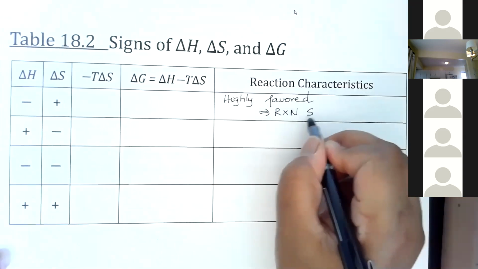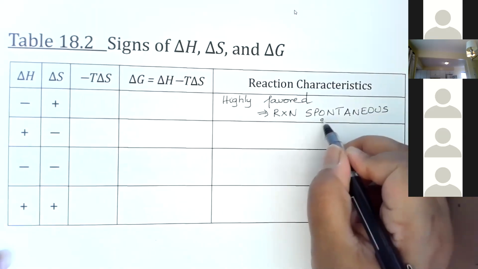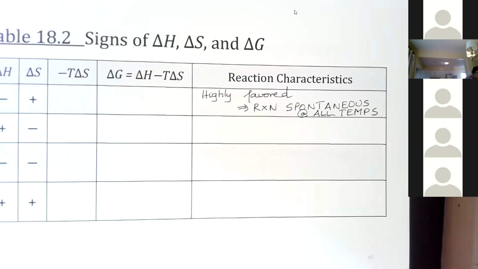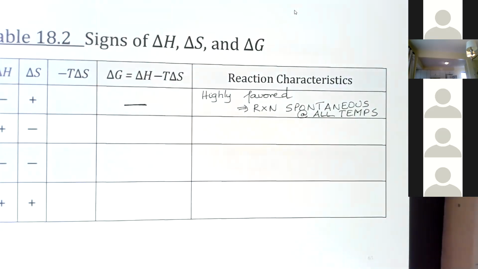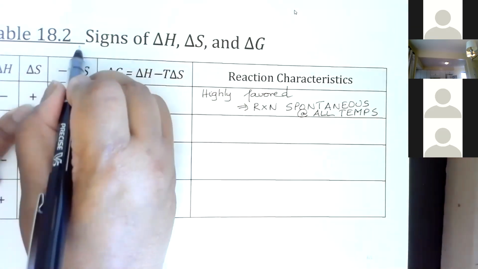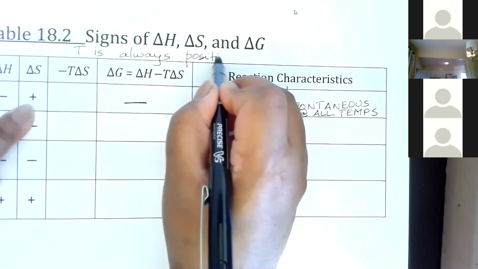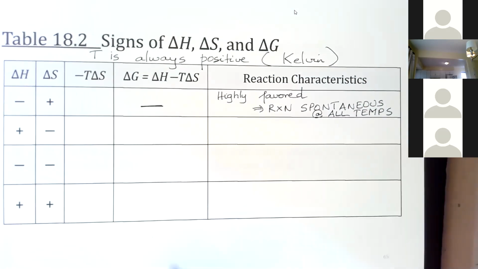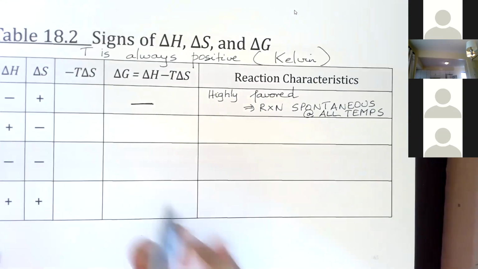Reactions are spontaneous at all temperatures, because this combination gives you a negative delta G. And if this is positive, remember T is always positive, because it's written in Kelvin. You can fill that in. I want to leave it blank so there's less information for now.